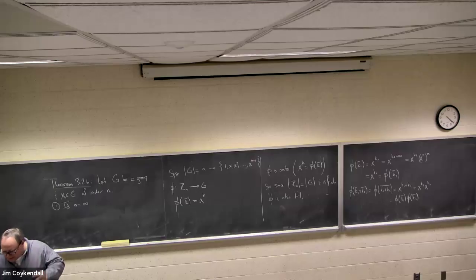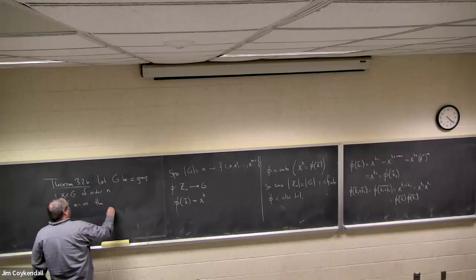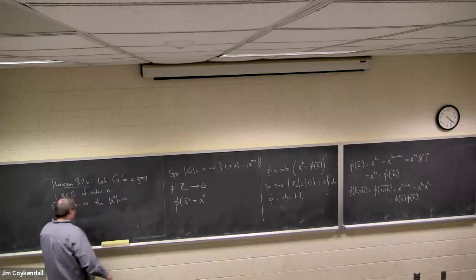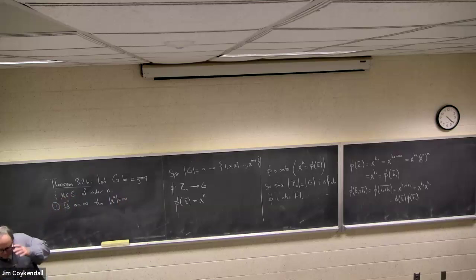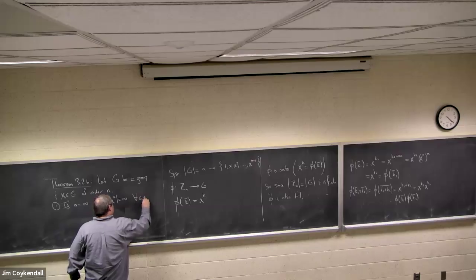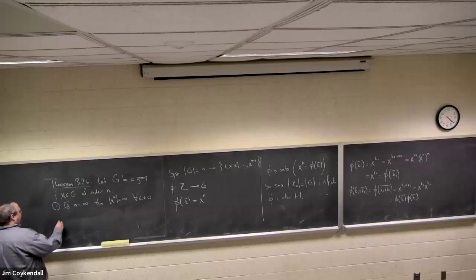In other words, what I mean by that is if X has infinite order, then the order of X to A is infinite as well. So if the order of X is infinite, the order of X to A is infinite for all non-zero A. Of course, if it's zero power, then X to A is the identity. That's finite order.